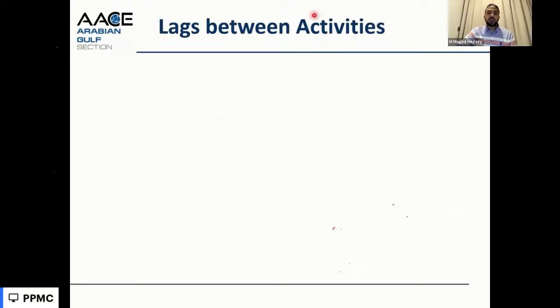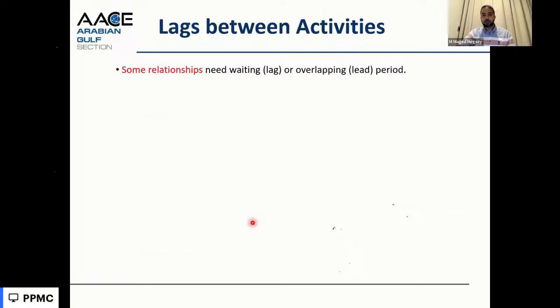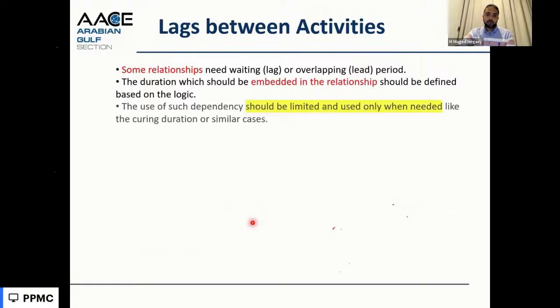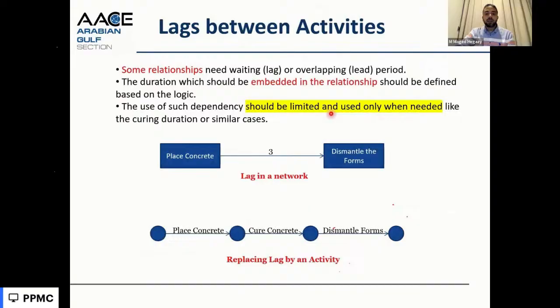The other thing is the lags between activities. If we need waiting periods between activities inside the relationships, we use lags, and this should be very limited, used only when needed because it affects the calculation. Sometimes we can replace these lags with an activity.